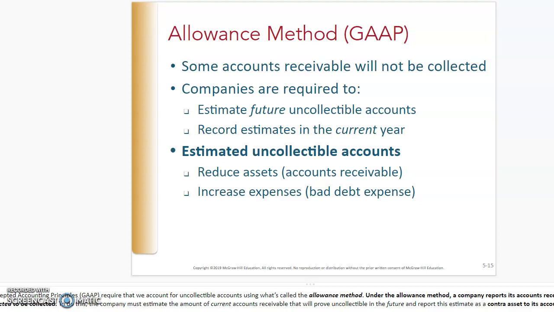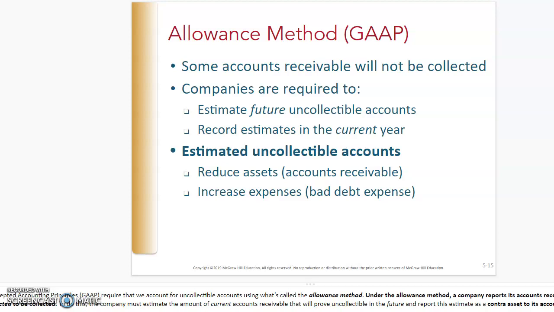One of those is if the amount of bad debts that the company has is not material, and not material means it's not a large enough amount to make a difference in the financial statements. This occurs when the company doesn't have much in the way of credit sales, and therefore the amount of write-offs is not going to affect their income statement by enough to make any difference.